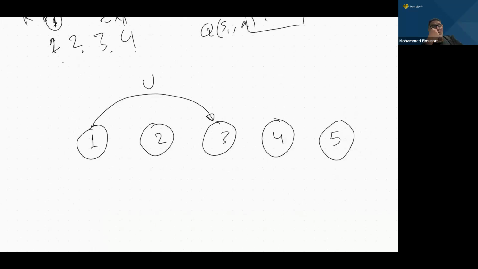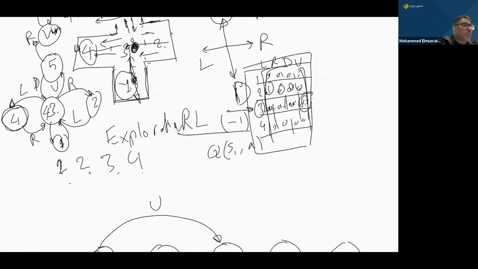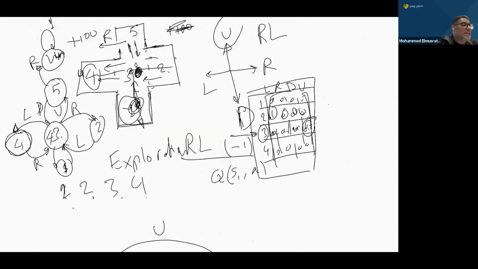Okay. However, if we also want to include some uncertainty in the movement of the robot, as I said before, assume that when you send the signal up to your robot, it doesn't go straight.